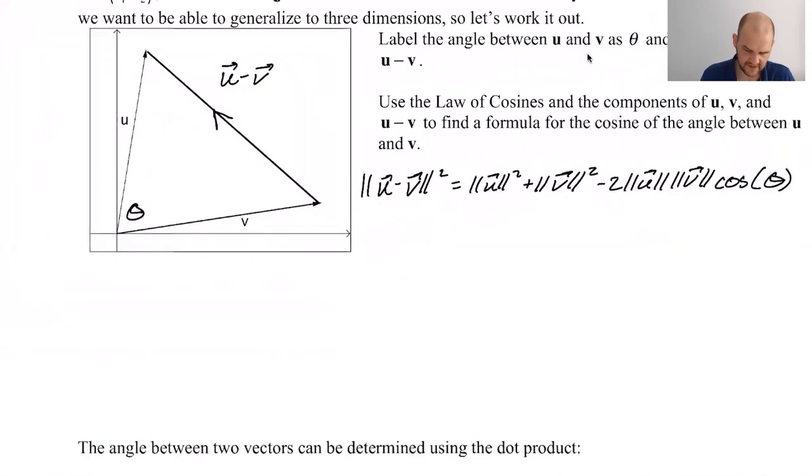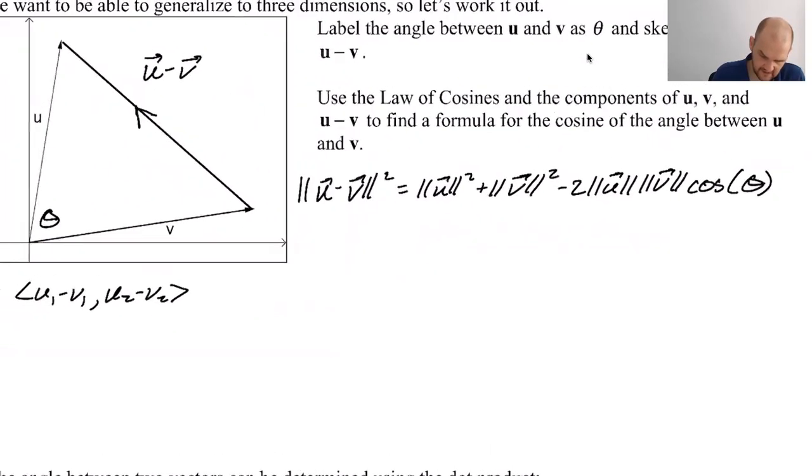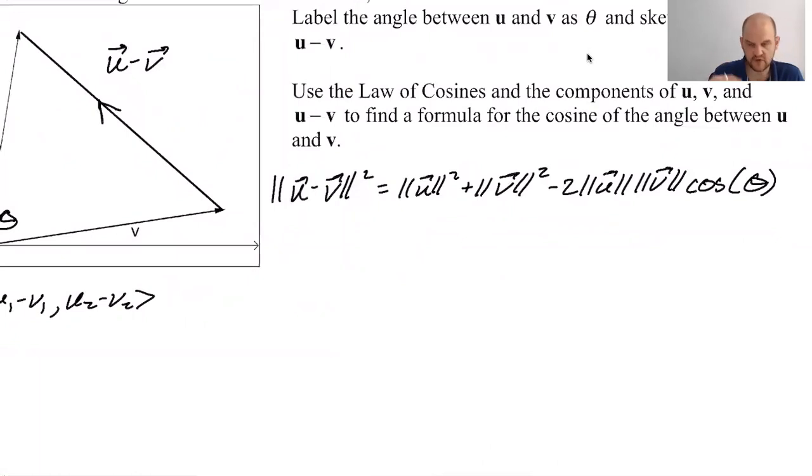So what do I need to know? u minus v is going to be u1 minus v1, comma, u2 minus v2. Then the magnitude of that is the square root of the sum of those things squared.